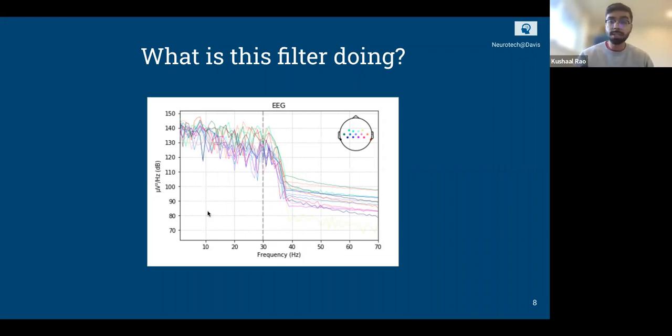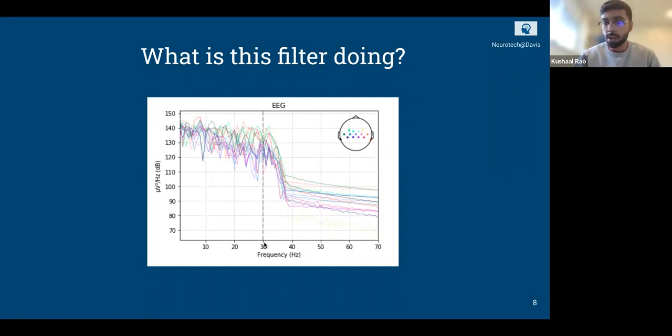So let's try to break down what is happening in this graph right here. You have a frequency range from 0 to 70 hertz depicted, and a power spectrum from what looks like 60 to 150 decibels. In this case, we have implemented a low pass filter of 30 hertz.